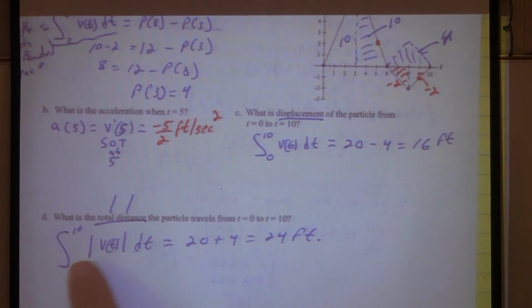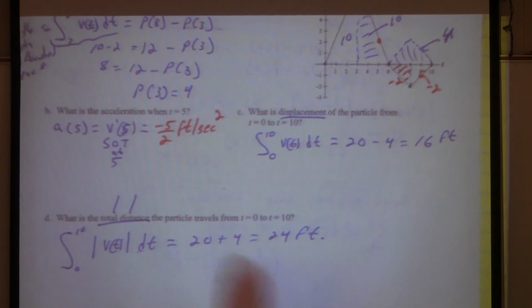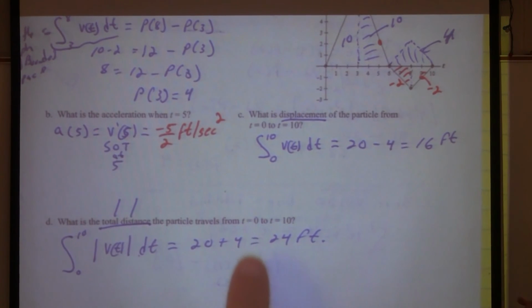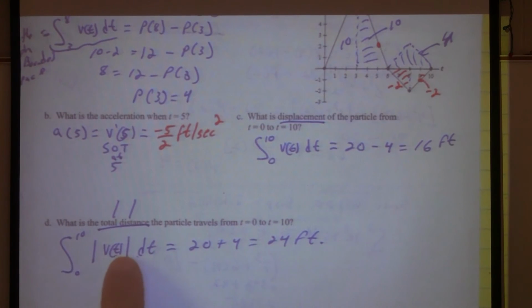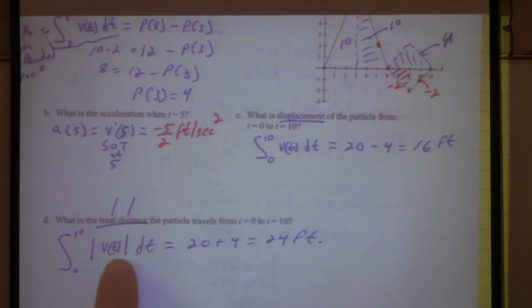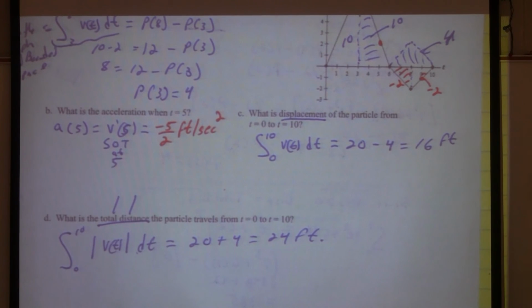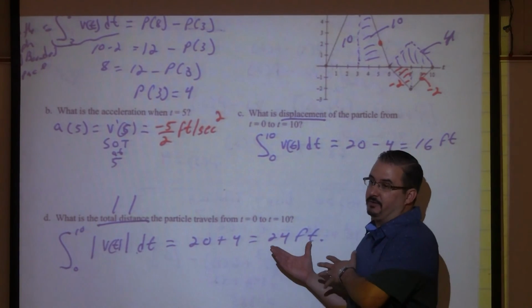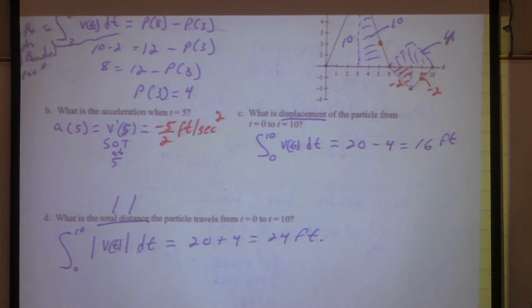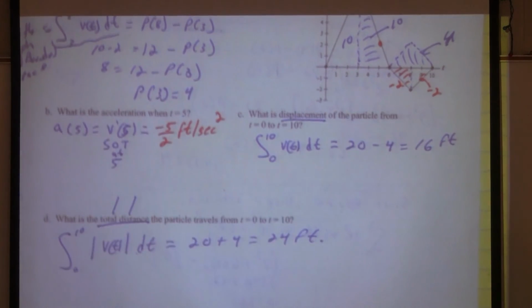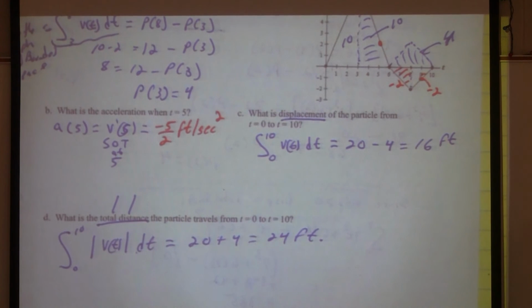This tells them that you knew what to do, but then you got the wrong number, so you messed up typing it in your calculator, but you're still gonna get a point, because you knew the calculus, you knew how to set up the problem. You just made a mistake somewhere along the way. So they're out to see if you actually understand the calculus, or if you're just there to do whatever your teacher told you.